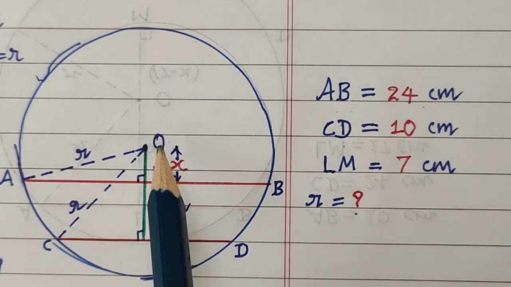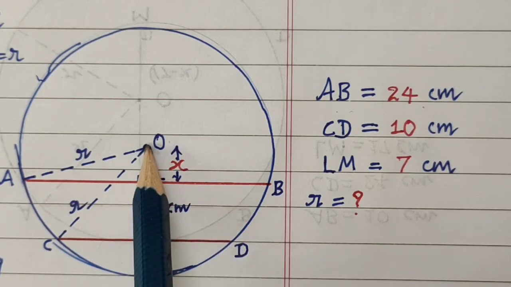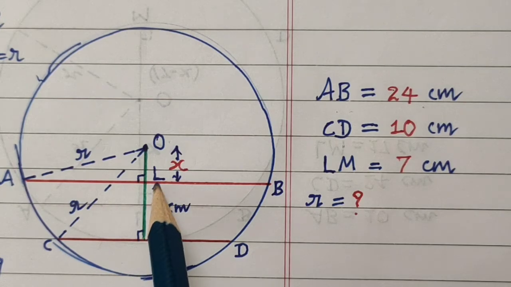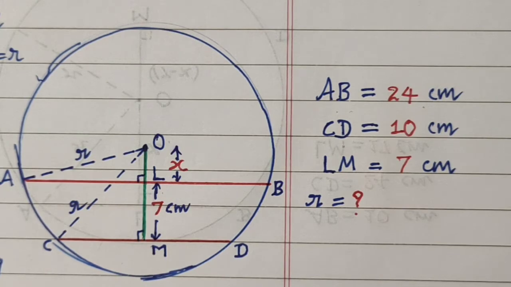If the distance between the chords is 7 centimeters, then what is the radius of the circle?